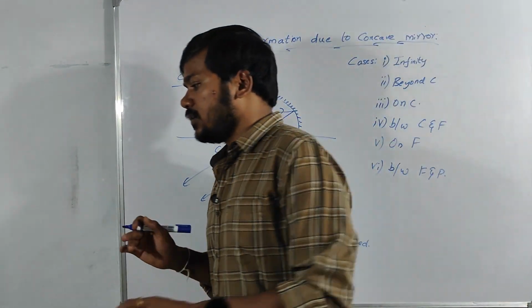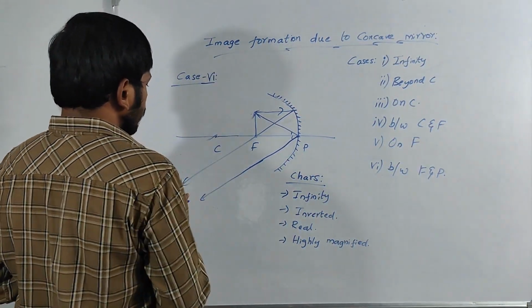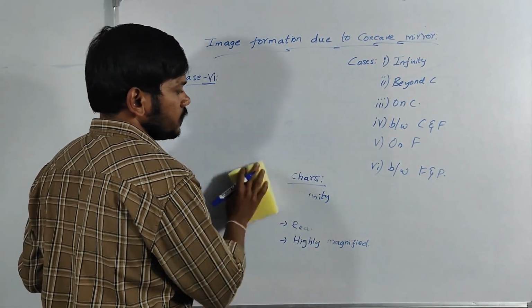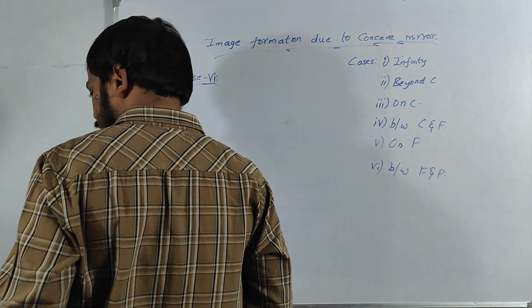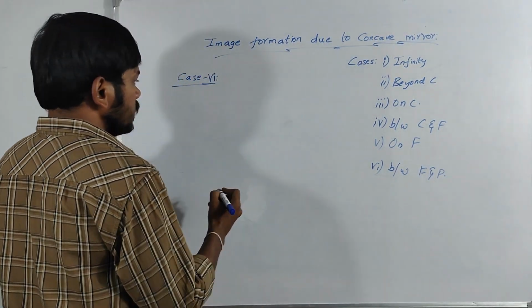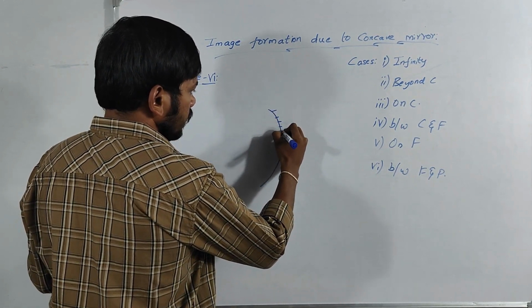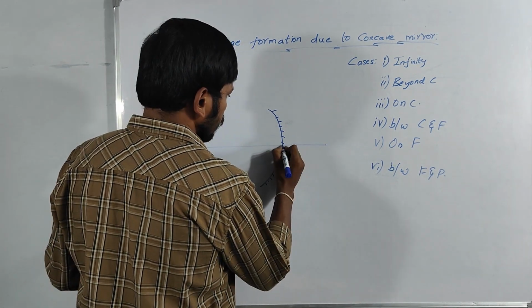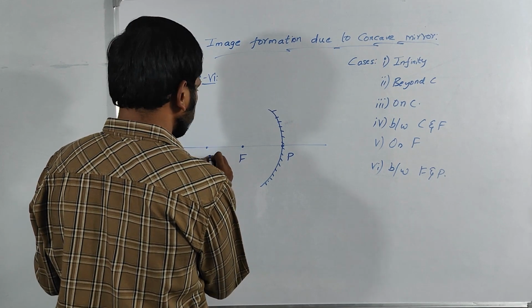Clear with this now? Now let us come to the sixth case, case 6, and this is a different case. It's not typical. This is a different case, where the object is placed between F and P. Pole, focus, center of curvature.